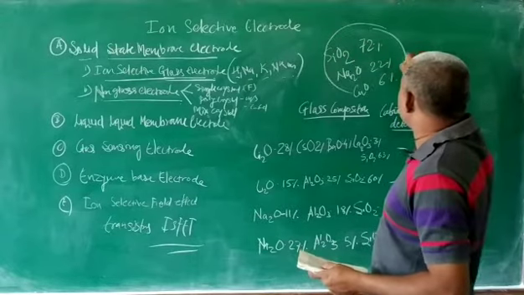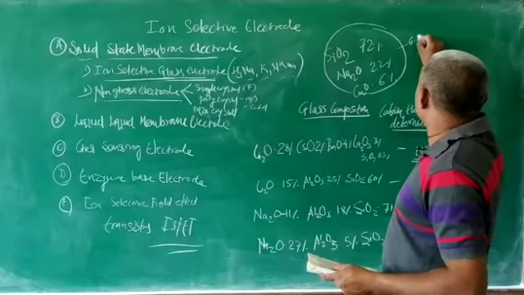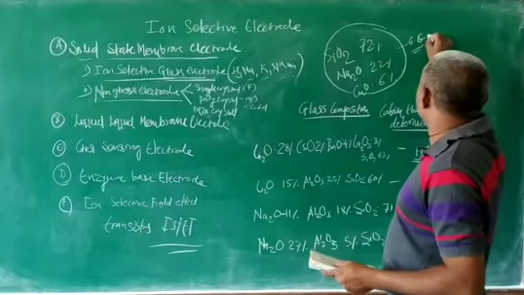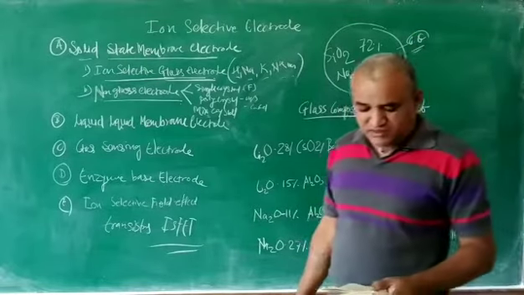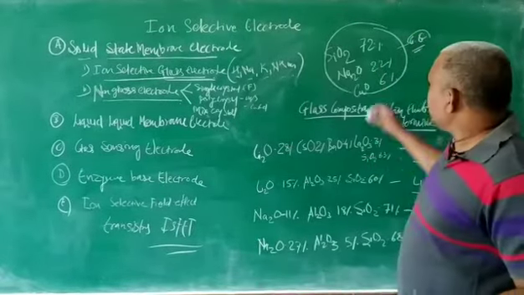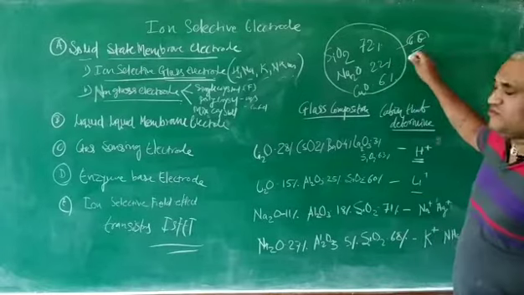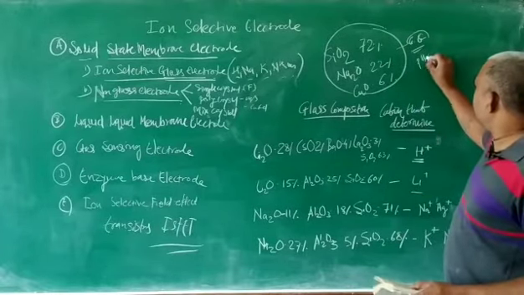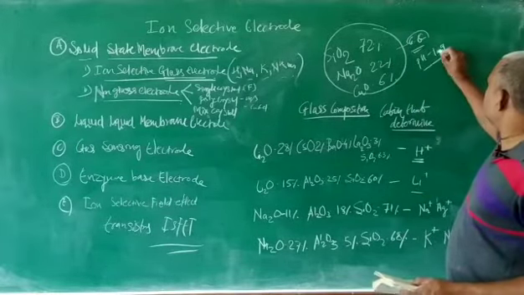So this is the general glass composition. With this glass we can use a pH range of 1 to 9.